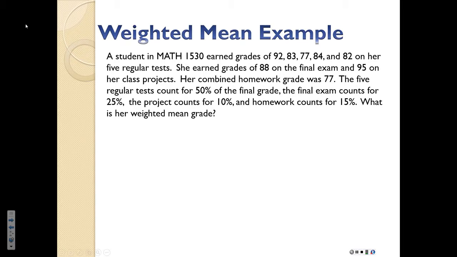This says a student earned grades of 92, 83, 77, 84, 82 on her 5 regular tests. She earned grades of an 88 on the final exam and 95 on her class projects. Her combined homework grade was 77. The 5 regular tests count 50%, final exam is 25%, the project is 10%, homework is 15%.